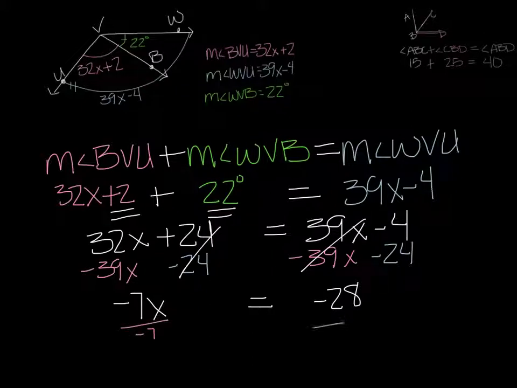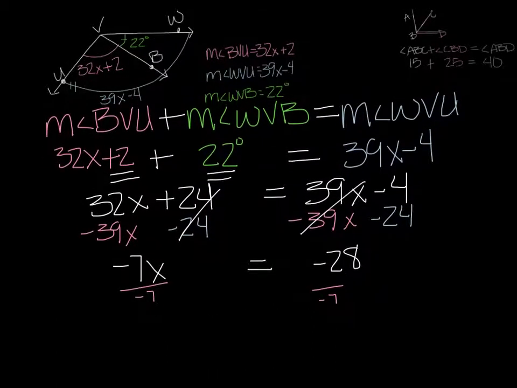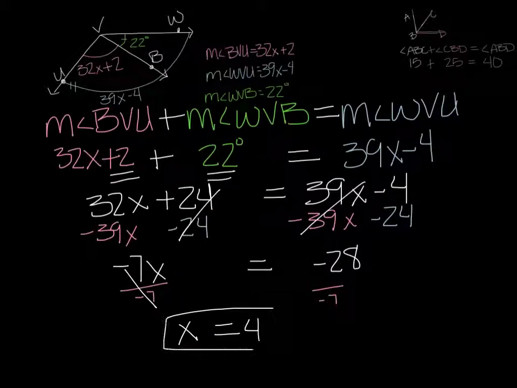Divide both sides by the coefficient of negative 7. And we find that x equals a positive 4.